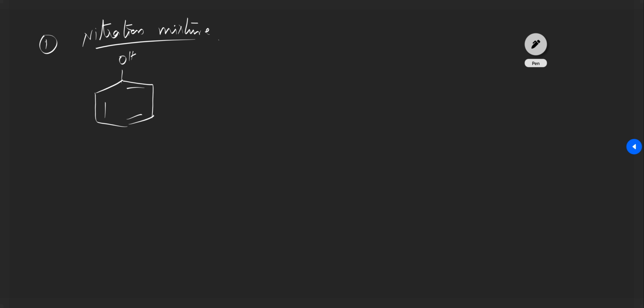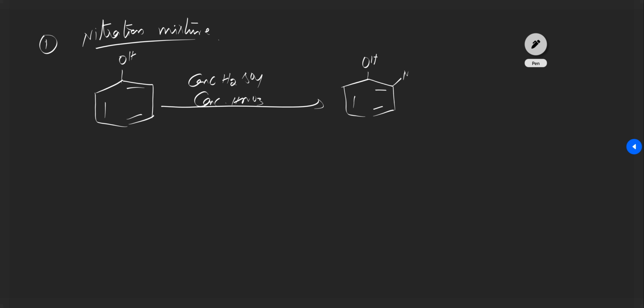Nitration mixture means concentrated H2SO4 and concentrated HNO3. So it is going to give that electrophile NO2 plus. It will be attacked on ortho and para position.